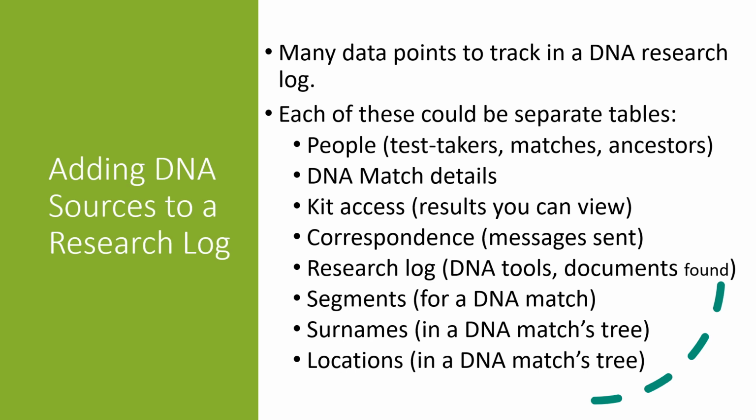You may have a table for your correspondence showing the messages you've sent and received responses for, a research log that shows what you've done in your DNA tools and your documentary research, a table for segments showing the shared segments between you and a DNA match, the surnames that you found in different DNA matches trees, and the locations you found in different DNA matches trees. These are all just examples of different tables you might have within your Airtable base.